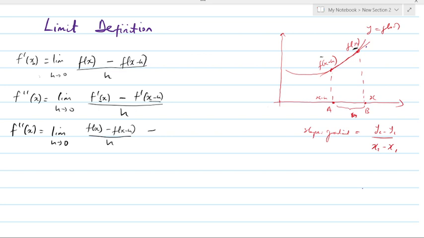Instead of this x we now have x minus h, and that will give us x minus 2h. So f prime of x minus h will give us f of x minus h minus f of x minus 2h, everything over h.